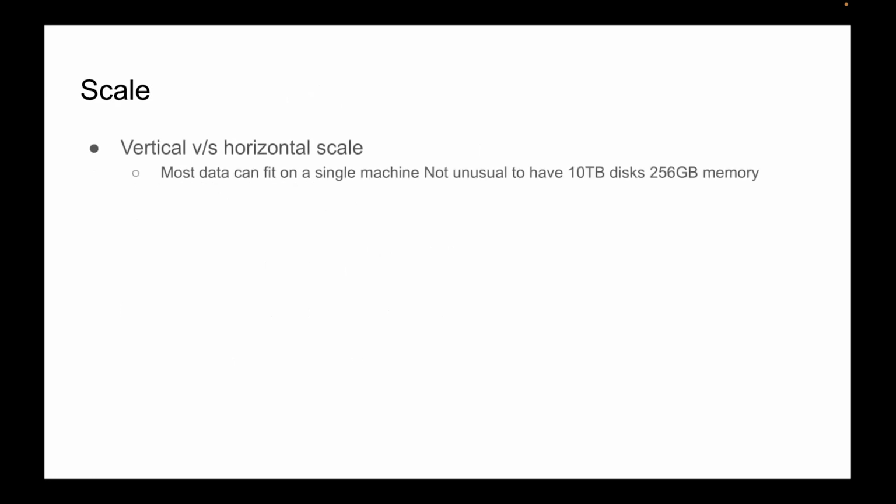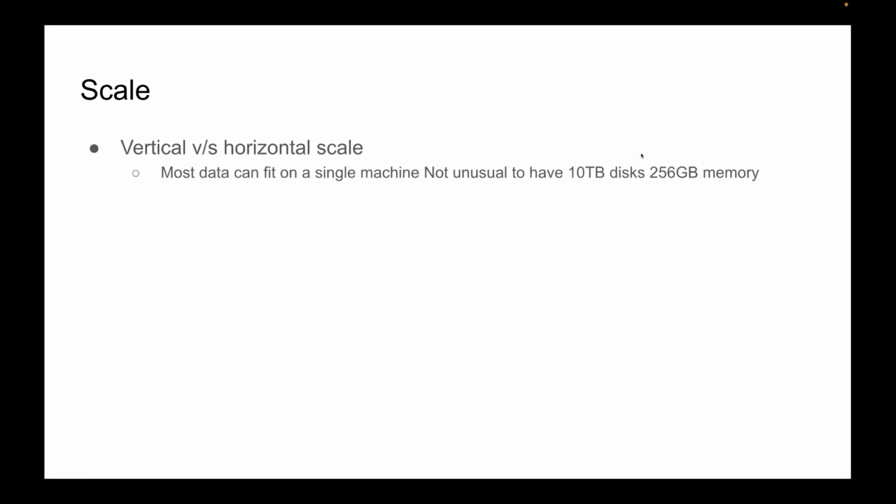Now let's look at scale and how scale impacts things. We'll look at vertical versus horizontal scale. Vertical scale, everyone is most familiar with, right? In today's world, it's not unusual to have a 10 terabyte disk with 256 gigs memory in a single machine, right?